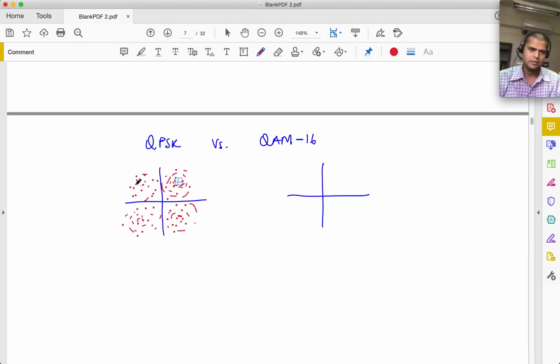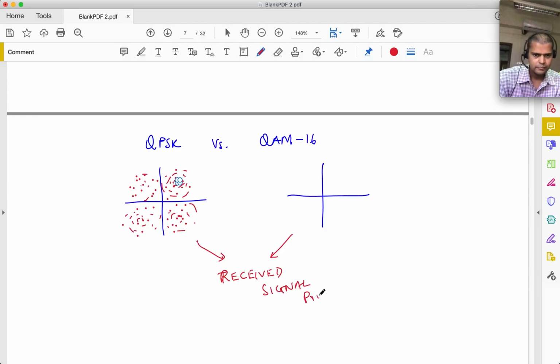Okay, that's a nice constellation diagram. Now I'm constrained to use the same total power here. So let's say the received signal power is the same. Okay, so I'm assuming that in both cases the attenuation was the same.